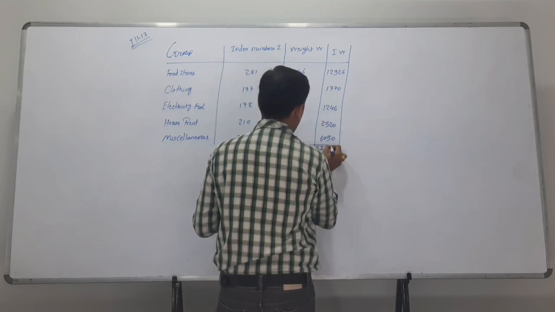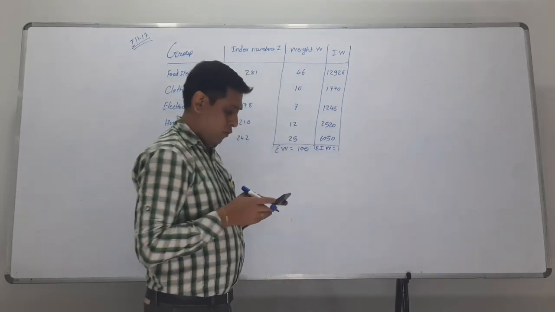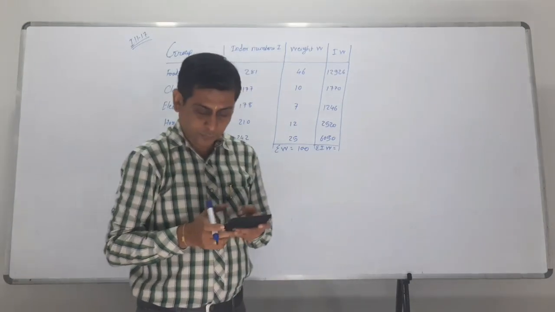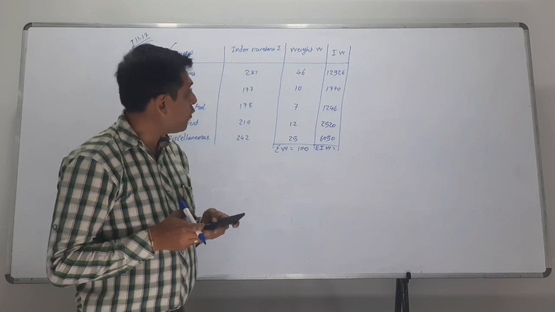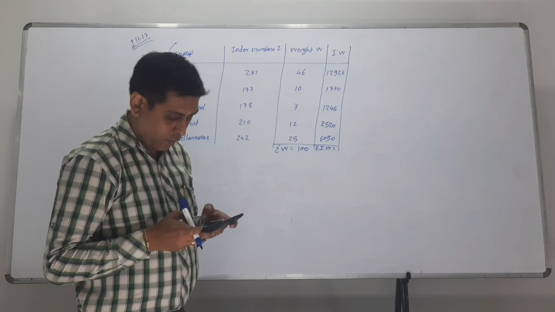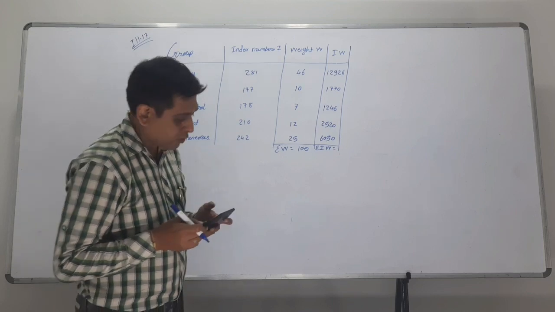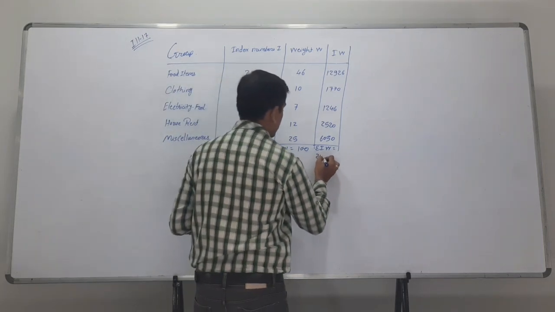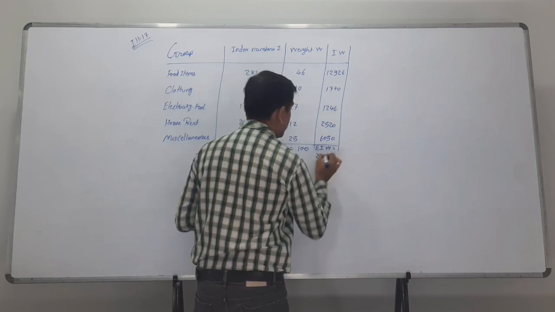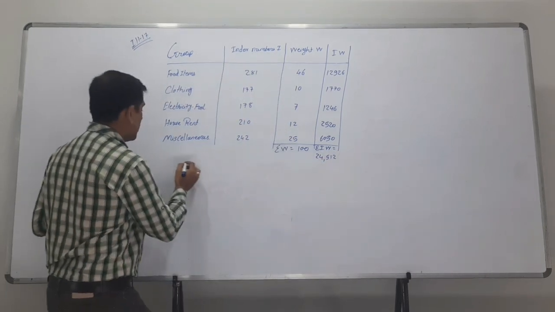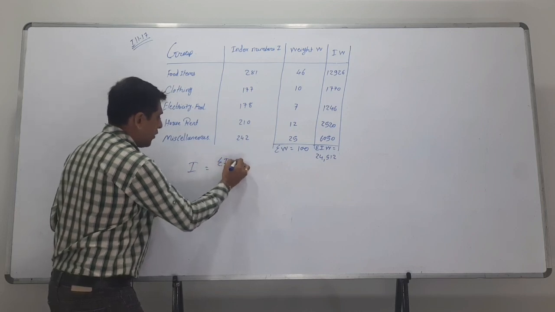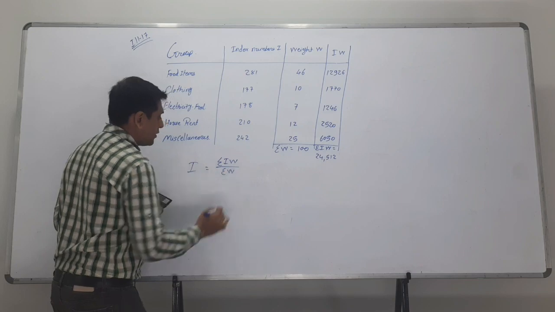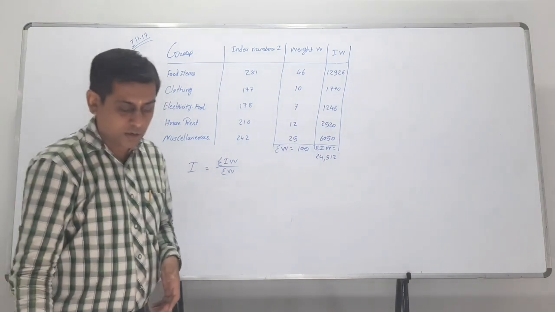Sigma IW is equal to 12926 plus 1770 plus 1246 plus 2520 plus 6050. The answer is 24,512.